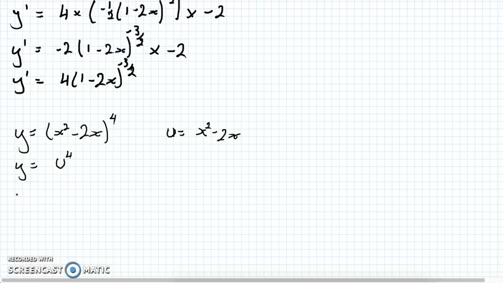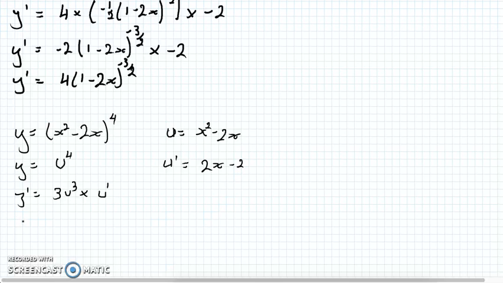So then we can just work out y dash, the derivative of this is just 4u to the power of 3, multiplied by our u dash, or the derivative of u. And u dash is equal to 2x minus 2.